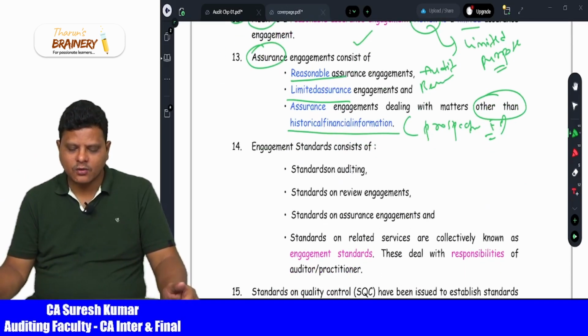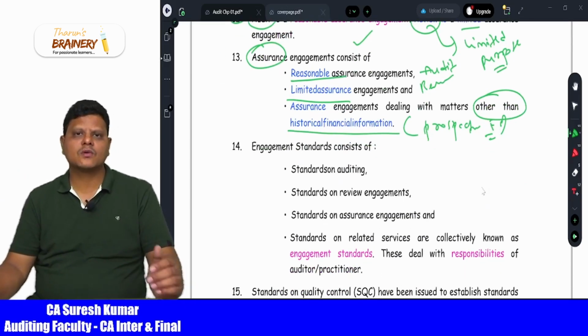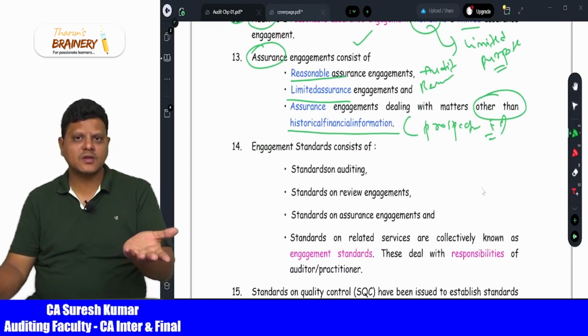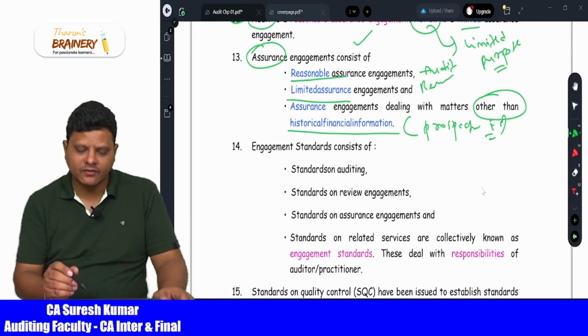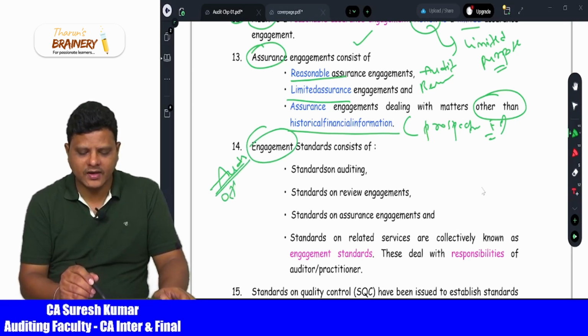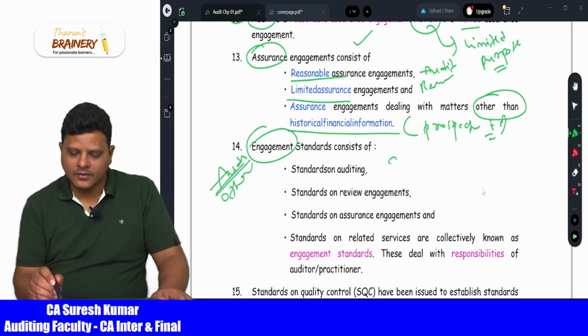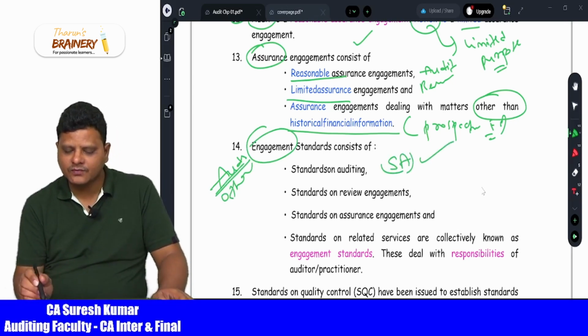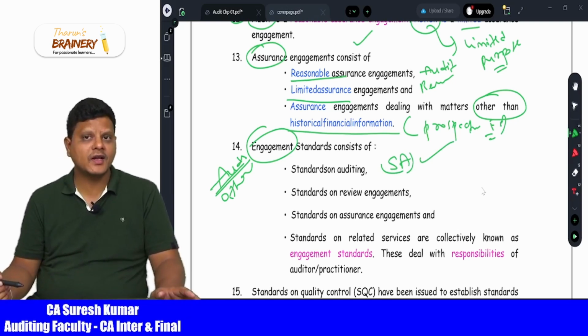Then there are going to be engagement standards. There are different types of assurance assignments for which different types of engagement standards are given. Audit engagement standards and different types of other engagement standards. Now there is something called standards on auditing, which is going to apply for the entire auditing paper.